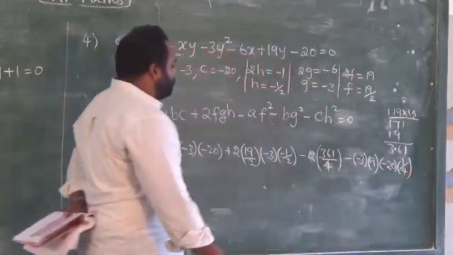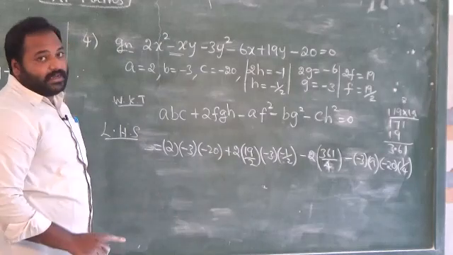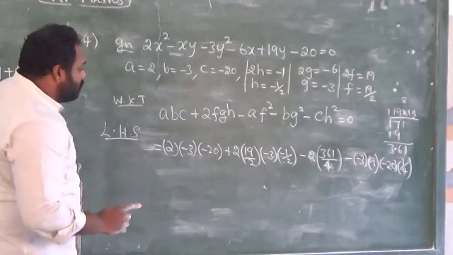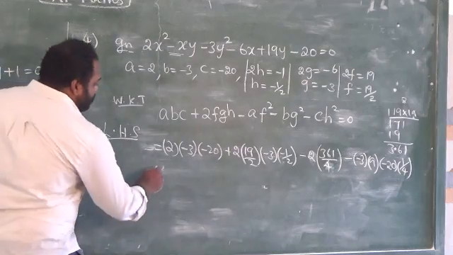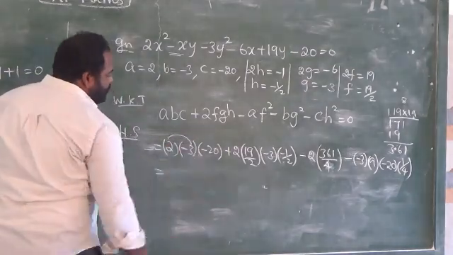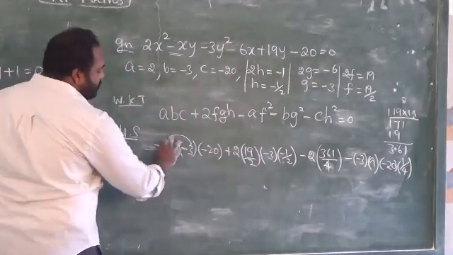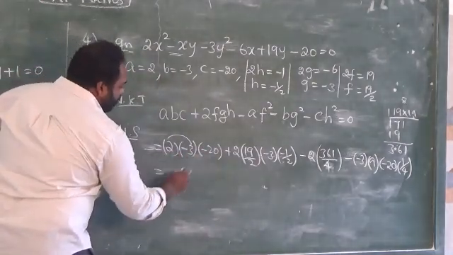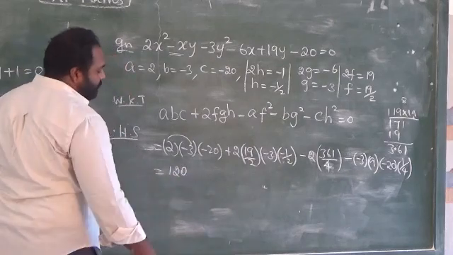Very carefully we have to substitute the values, and do the multiplication and addition very carefully, otherwise you will not get a proper answer. So now 2 into 3, 6, into 20, 120.